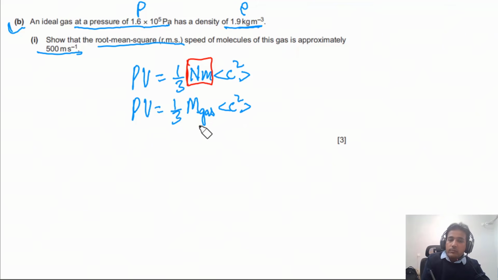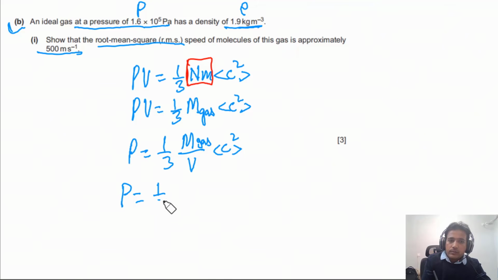Now if we divide mass by volume, that is density. So we can divide M divided by V. So this is the mass of the gas and this is the mean square speed. Now if we simplify this one, we can say this is the density of the gas and here we have the mean square speed.